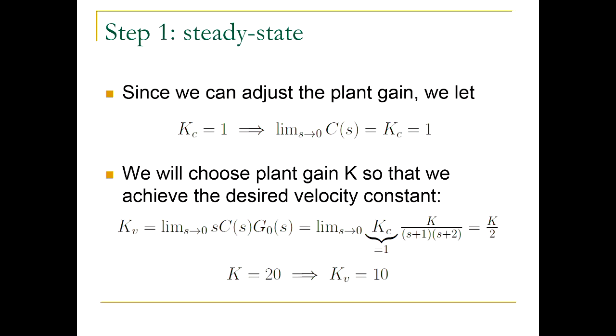So we are separating the design so that we address one specification at a time. In this way, we won't touch the gain of the compensator, so we will preserve this velocity constant, which is one specification done, okay?